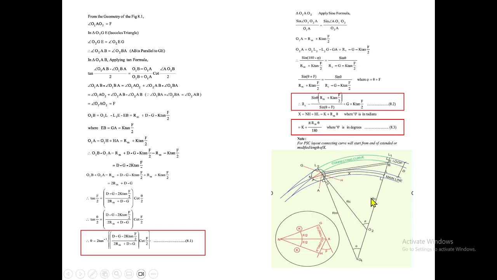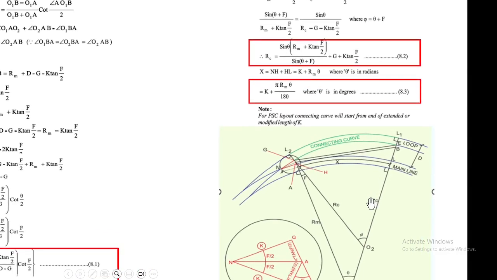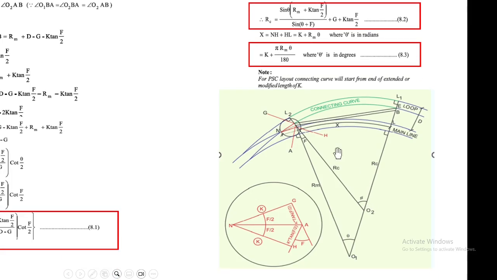Here you see, in this case, we are taking the gauge line as it is, drawing the complete track as it is, and we are finding out the connecting radius, how much we can fit.